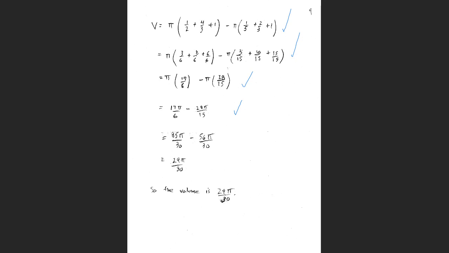The volume of that canoe or bowl, like the actual material of the bowl, the actual true volume is 29 pi over 30. And that's the answer WebAssign's going to want. So, but let me give you a moment to copy this down. Let me know if you have any questions.